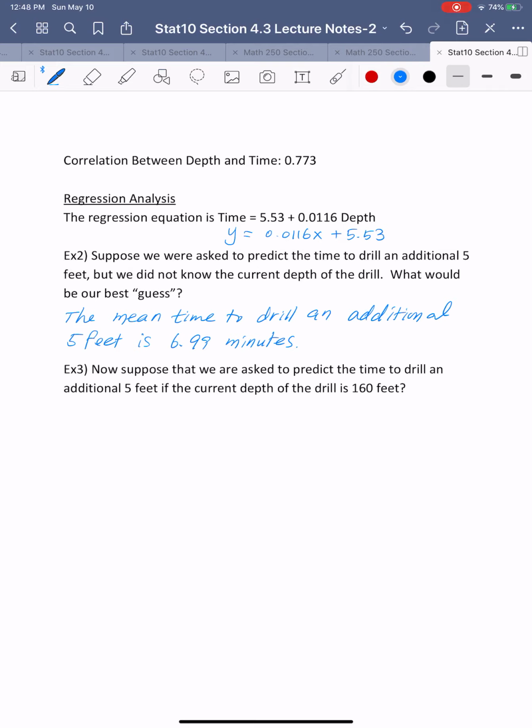And then when you use the correlation to find the equation, example 3 says: suppose we are asked to predict the time to drill an additional 5 feet if the current depth is 160 feet. In this case, we can just use the equation we got using the correlation.